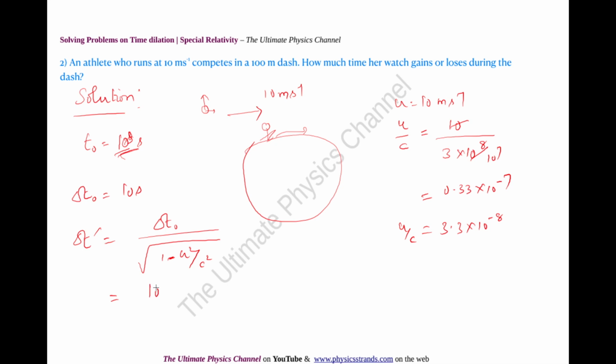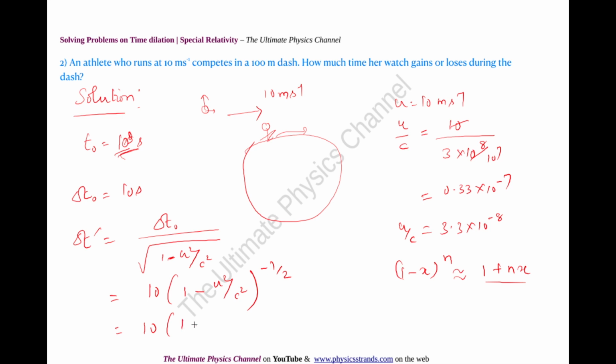Delta t, let us say, is the time for the event, which is 10. This can be binomially expanded, right? So I'm trying to take it to the numerator and work out the binomial expansion of this. That is, (1 minus x) power n is equal to 1 plus nx, right? This is the binomial expansion for this one.